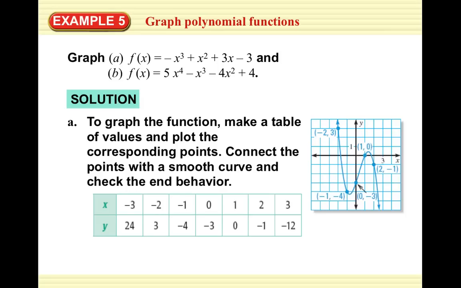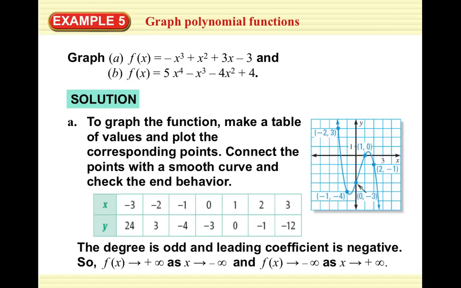So end behavior gives us an idea of what this graph should look like. The degree is odd, the leading coefficient is negative, so it's going in opposite directions, and opposite of whatever x is, the y is going to have the opposite response.